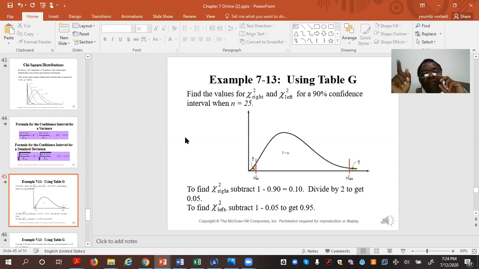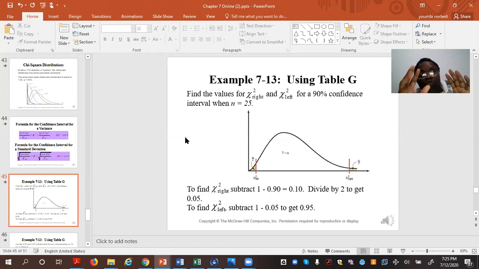For 95, the decimal is 0.95, but for 5, it is 0.05. Do we understand this? Look, we have 90%, which corresponds to 0.9. From 90% to 100 is 10%.